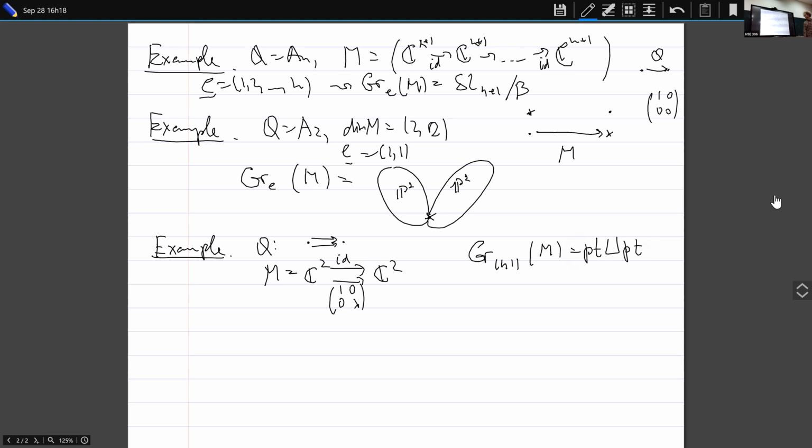So, the outcome is that more or less everything can happen, and there are theorems by Reineke and also by Ringel, saying that more or less every variety can be realized as a quiver Grassmannian.